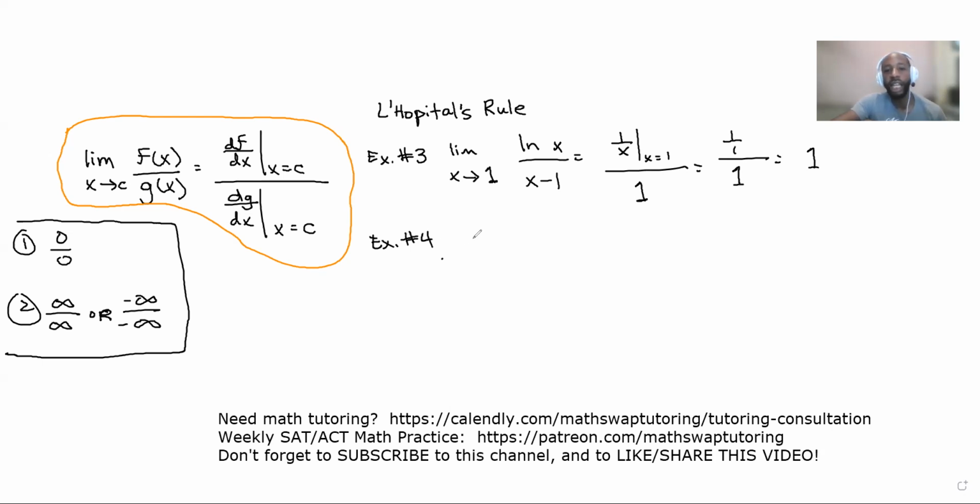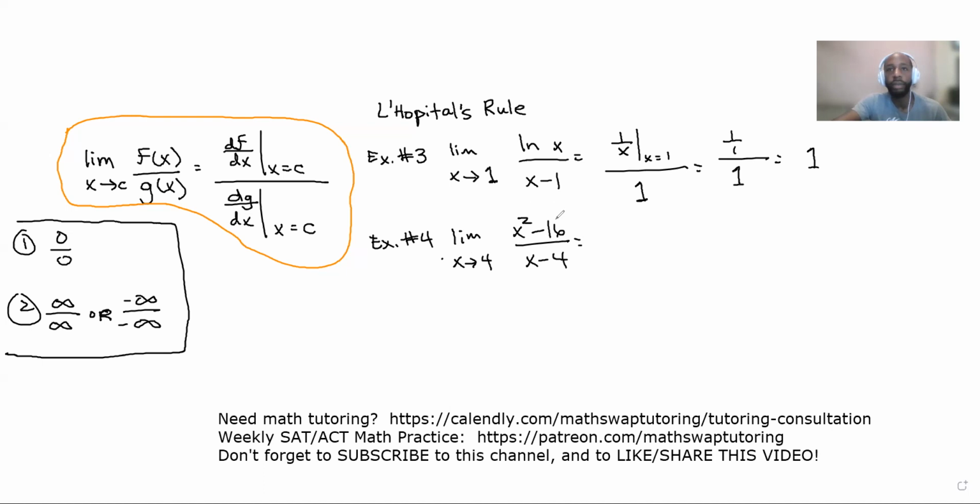All right, we're going to do one more example. And I kept all these examples pretty easy just to illustrate it, but obviously it can get a bit more complex from here. Just get the idea here. So the limit as x approaches 4 of x squared minus 16 over x minus 4. Again, if we directly substitute it, you would have 0 over 0. So we're going to apply L'Hopital's rule. So we're going to take the derivative of the top.